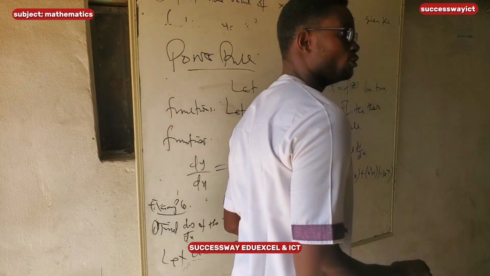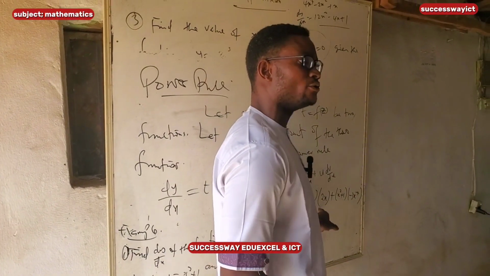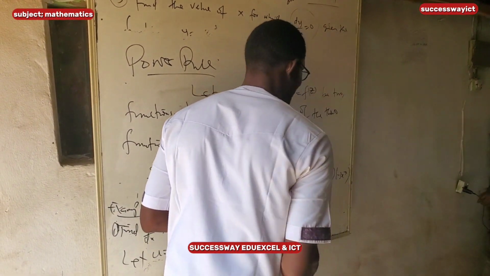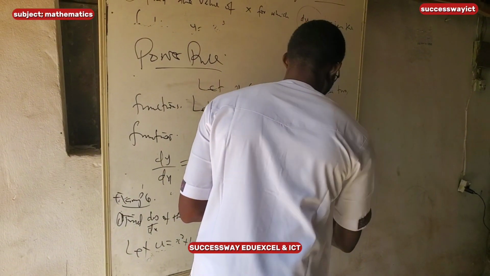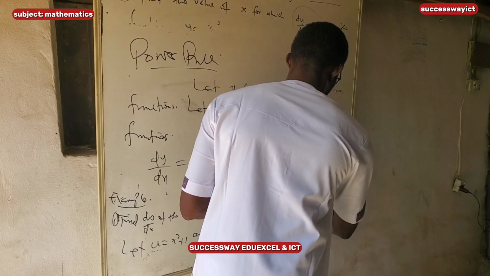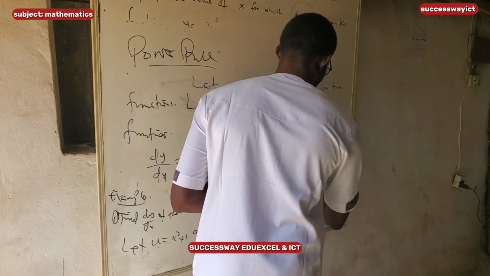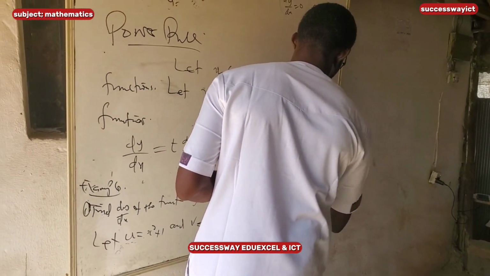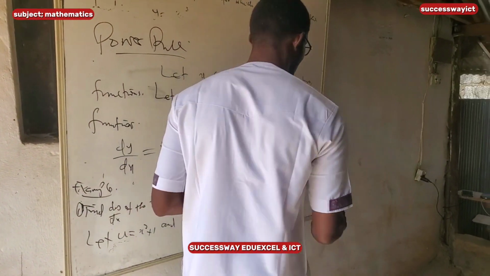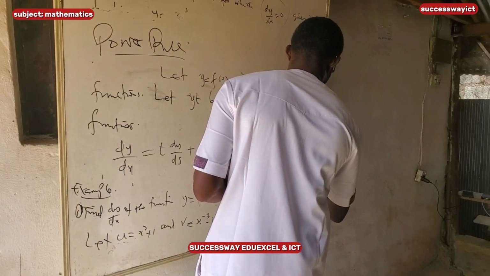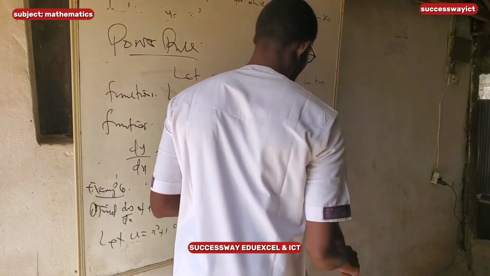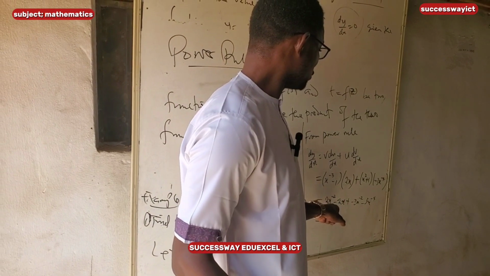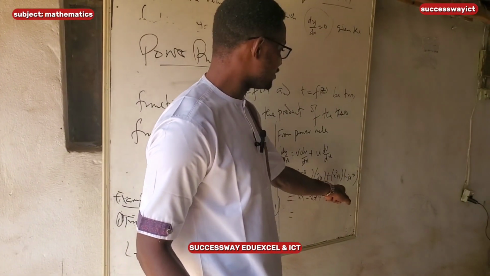So this is equal to, multiply these guys out. You are going to have 2x raised to power minus 2, minus 2x, plus minus 3x raised to power minus 4. So this is the same thing as 2x to the power minus 2, minus 3x to the power minus 2.